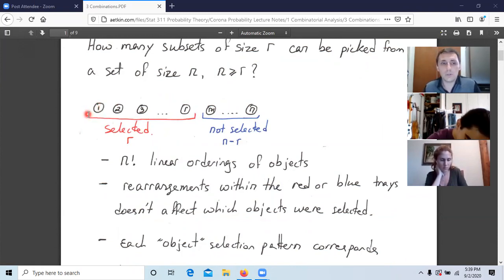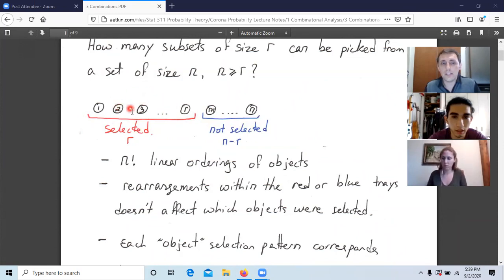Next to the wall, you have 2 trays. One tray is the select tray, and the other tray is the deselect tray. Then we take a permutation, one of the n factorial permutations of how the students can stand linearly, and the first R are selected, the next n minus R are not.